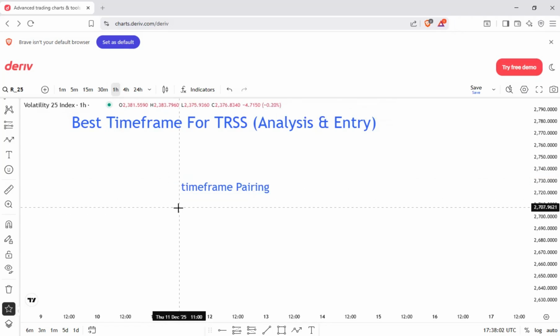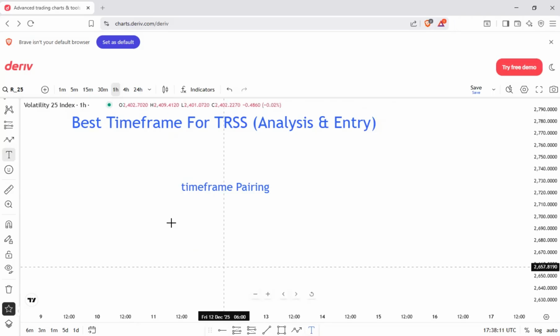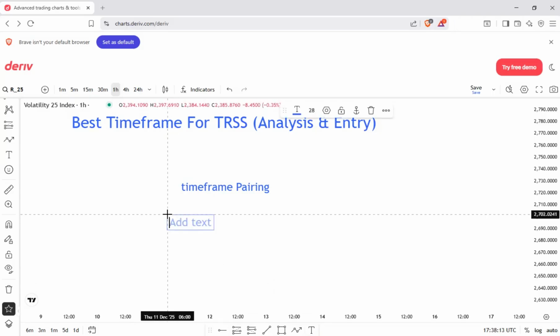Let's pair these time frames together. This is the most reliable TRSS setup. If you're making use of the 1 hour time frame for analysis, to identify your direction and to know the structures of the market, then what do you use?